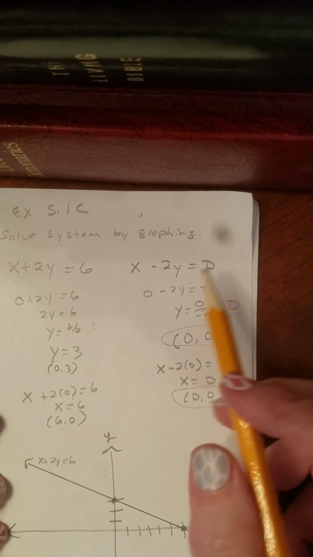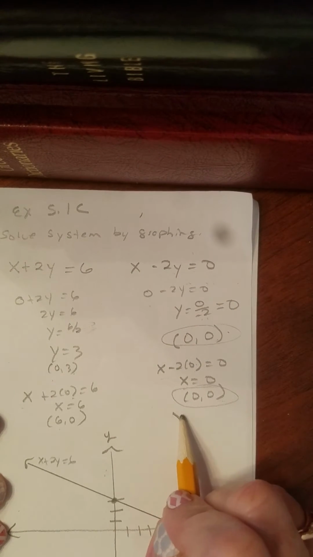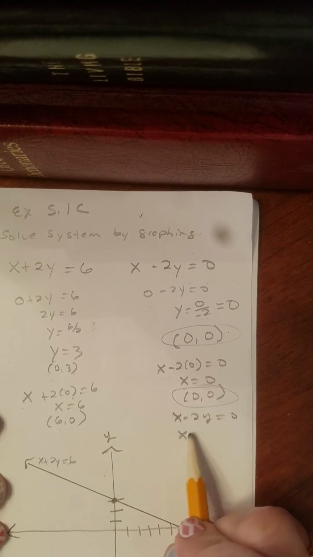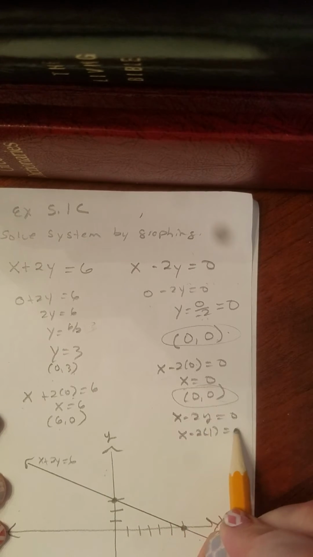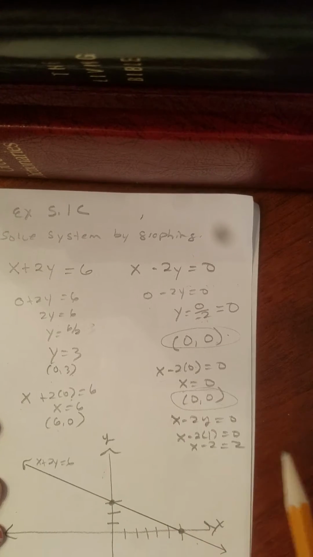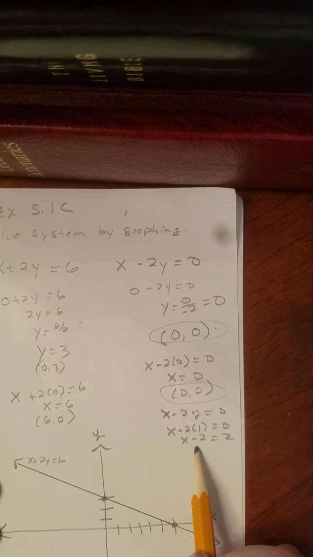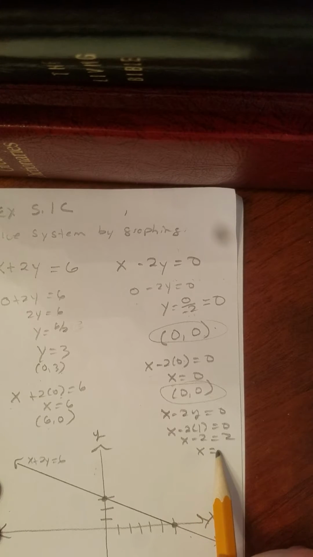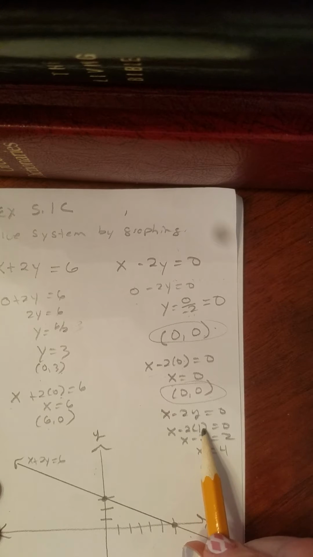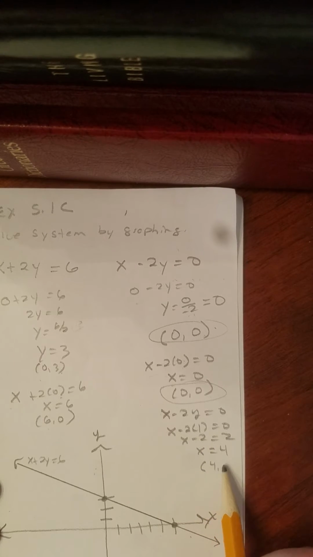What is x? So I'm going to take this original equation, and I'm just going to say, okay, well, when y is 1, what is x? Well, we get x minus 2, add 2 to both sides, and we get x is 4. So in this case it's 4, 1.